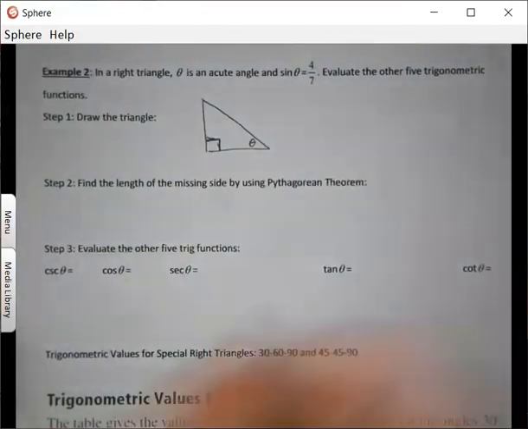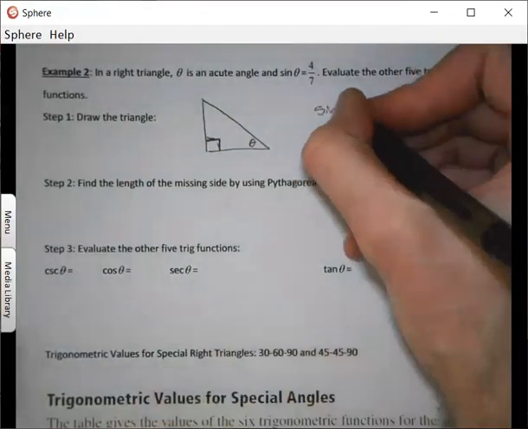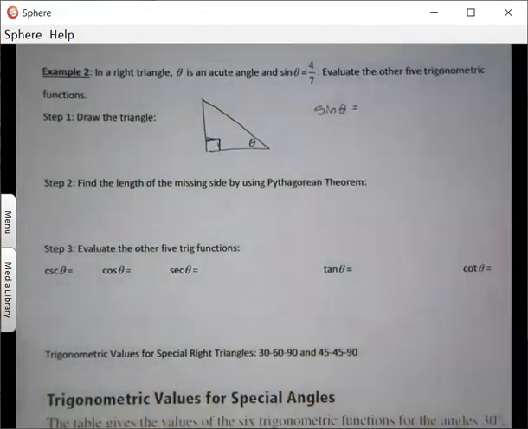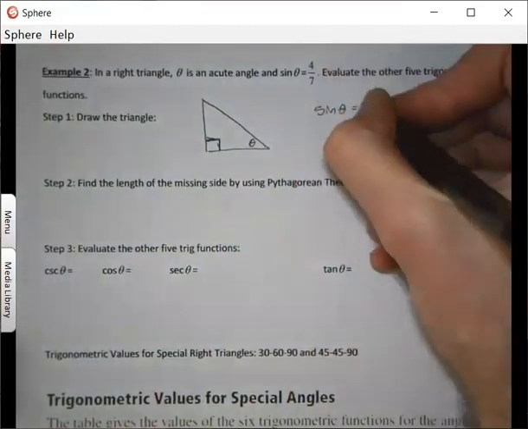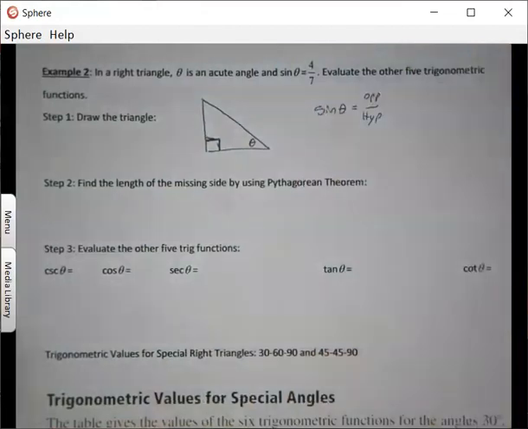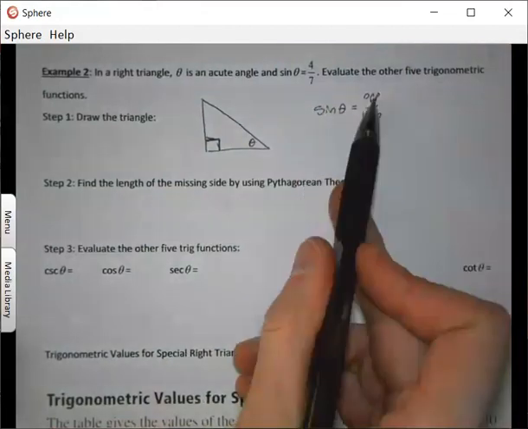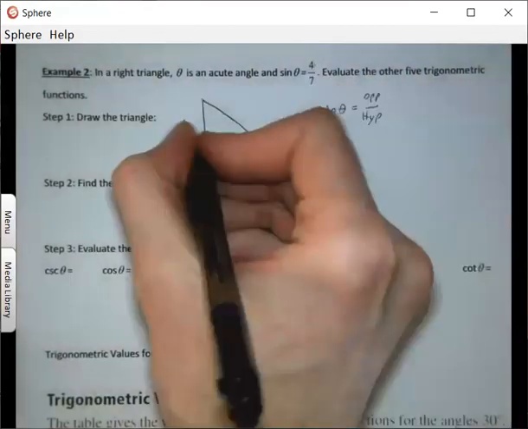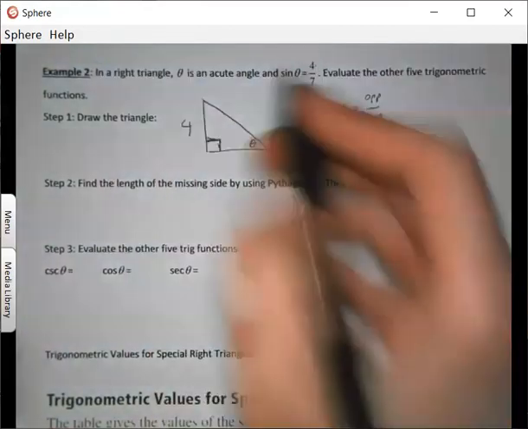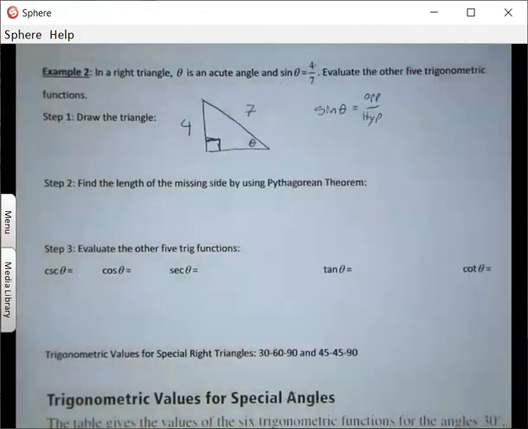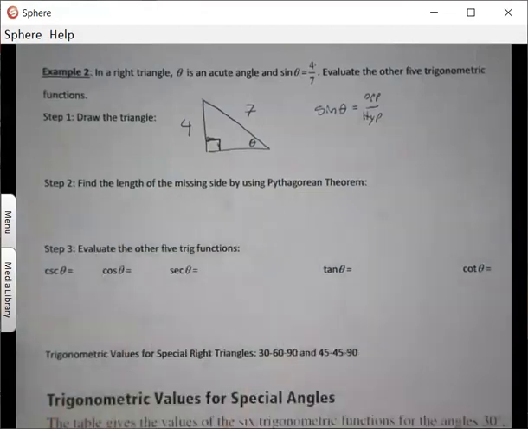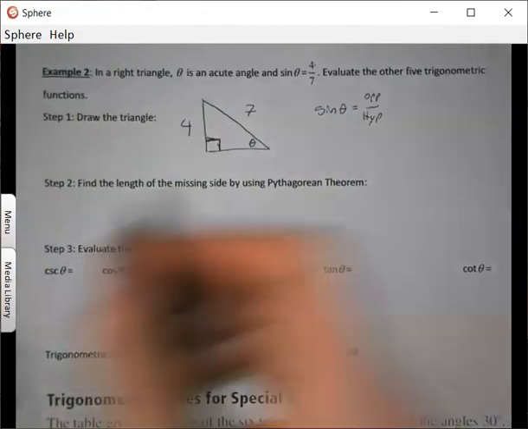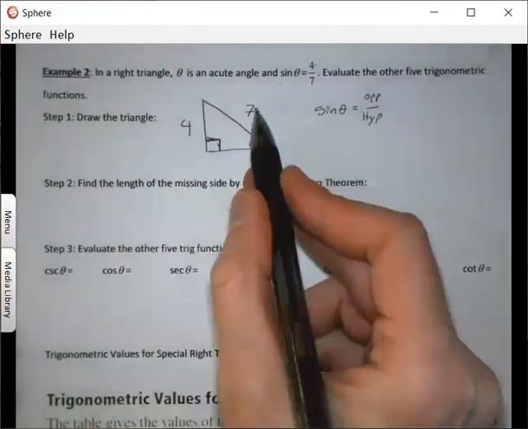Well, we also want to remember that sine of theta is going to be opposite over hypotenuse. So this also tells us that the opposite side has a length of 4. The hypotenuse has a length of 7. Now we need to find the length of the missing side, so let's do Pythagorean theorem. So a squared plus b squared equals c squared.